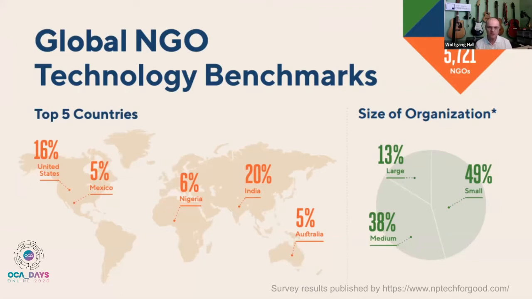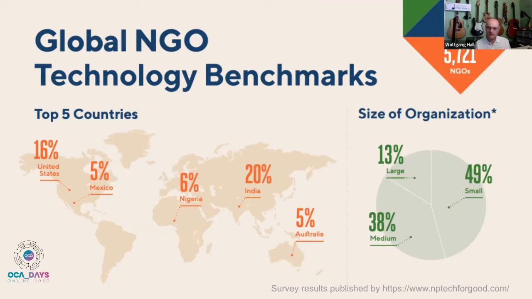Mexico is significant. But look at India, 20%. Isn't that wonderful? How many people in India are supporting each other in the community? I thought it was an amazing bit of knowledge. And even though these countries are marked as the five largest, I know that every country in the world has these organizations, and they're important in any one of those countries.